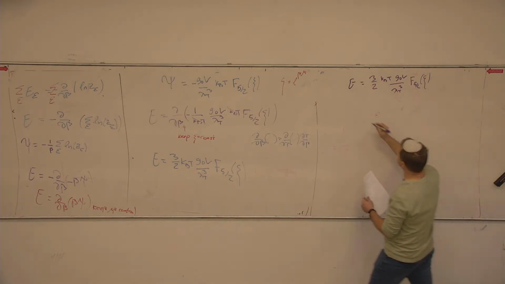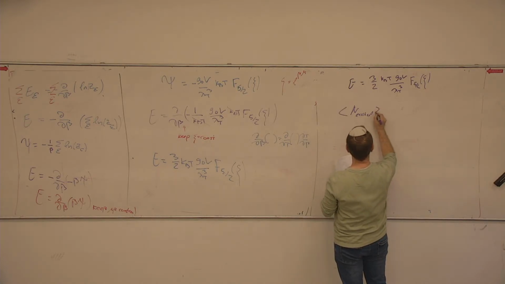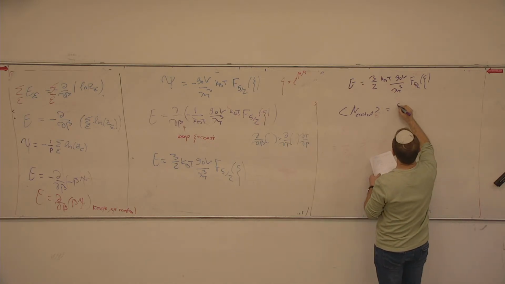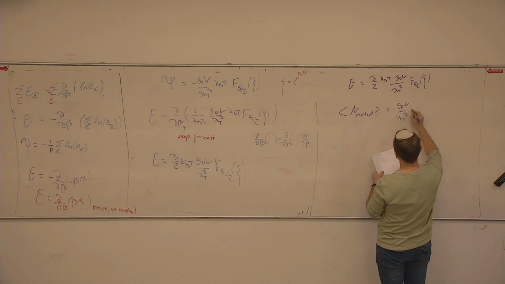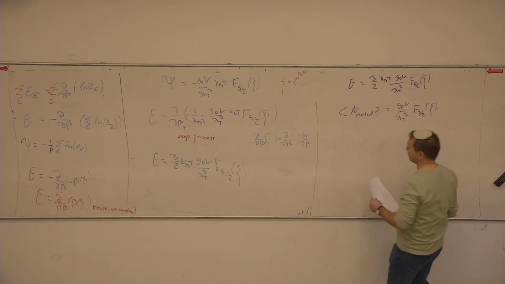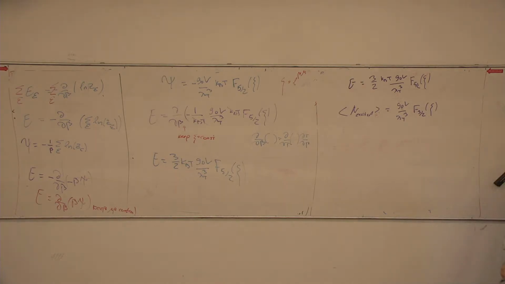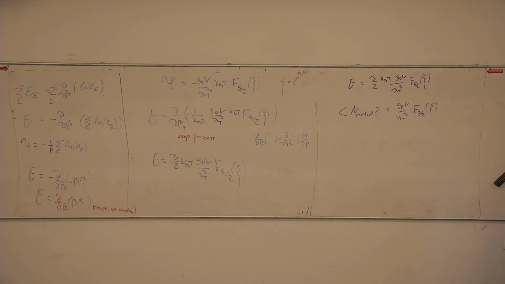I know that N excited on average is g0 V divided by λ_T^3, f_{3/2} of the fugacity. Now, I can plug N excited inside this guy over here.